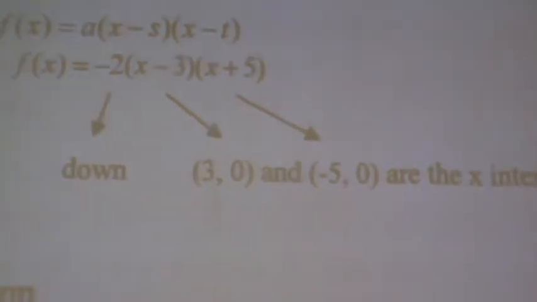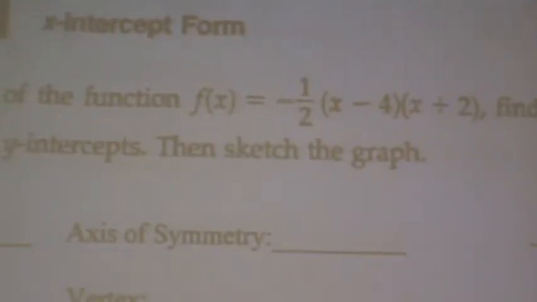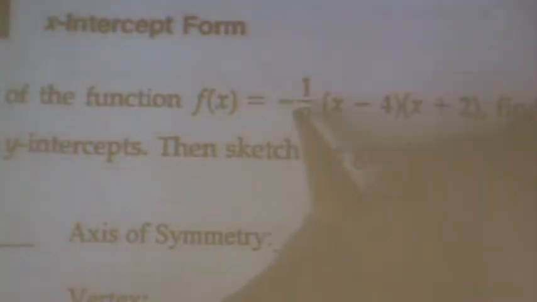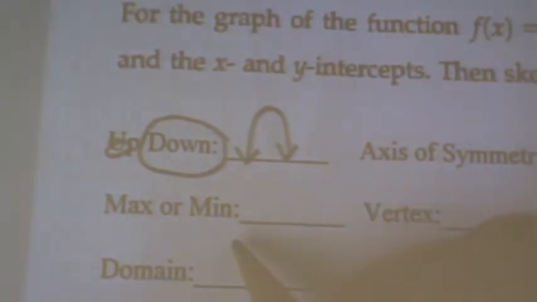So let's do this one right here. Here's an example. What do we know about it? What's this negative telling us? That it's going down. If it's going down, is our vertex a max or a min? Max. It's a max.